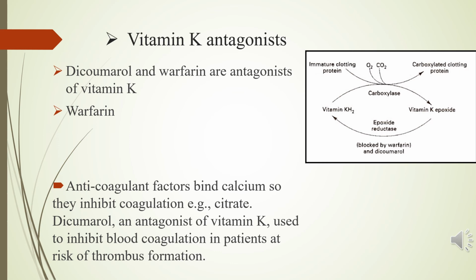These anticoagulant factors bind calcium, so they inhibit coagulation, as what occurs with blood samples in the laboratory when we use citrate. But dicumarol, as an antagonist of vitamin K, is used to inhibit blood coagulation in patients who are at risk of thrombus formation.